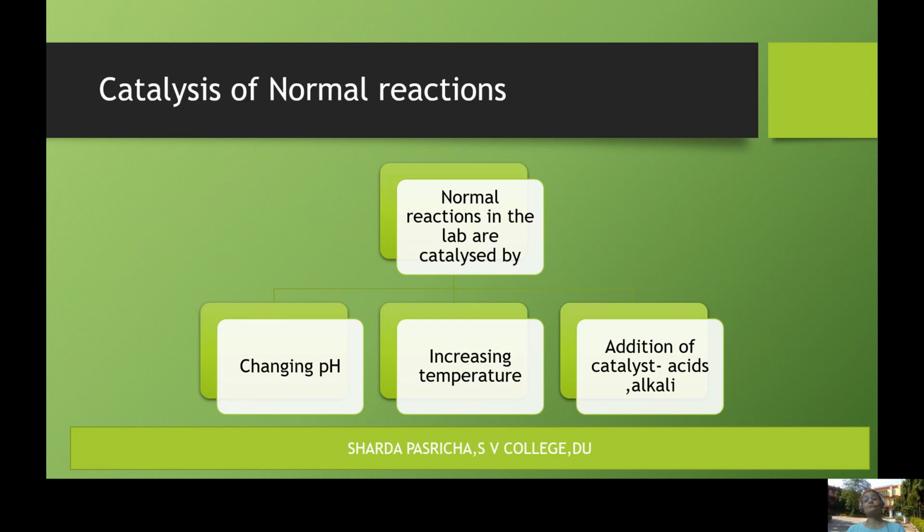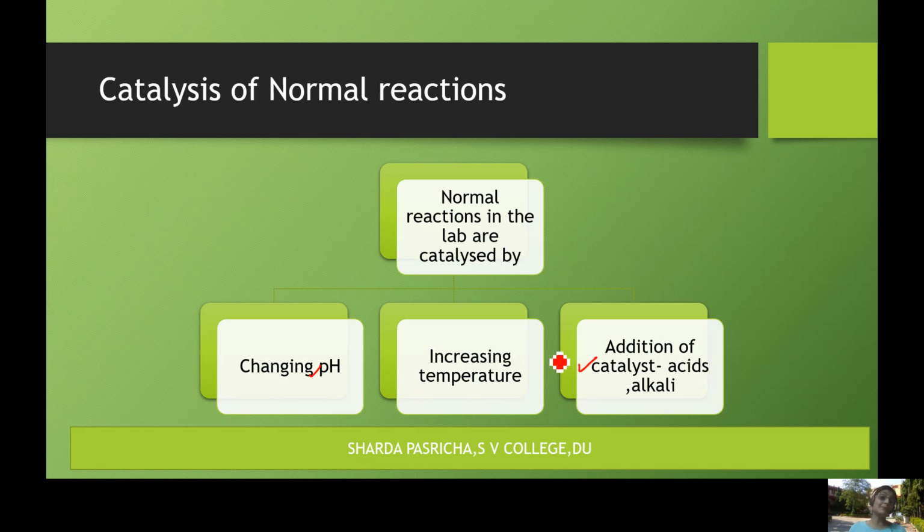Normal chemical reactions which you carry out in the laboratory are catalyzed by changes in pH, or by increasing the temperature you can increase the rate of the reaction. Other ways by which you can increase the rate of the reaction is by adding some inorganic catalysts.